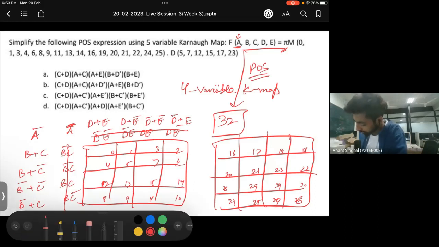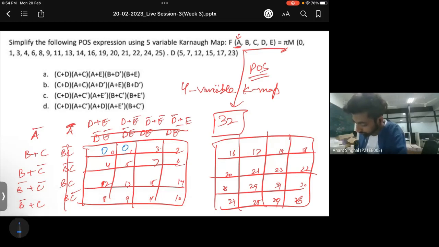It says 0, 1, 3, 6, 8, 9, 11, 13, 14, 16, 25.